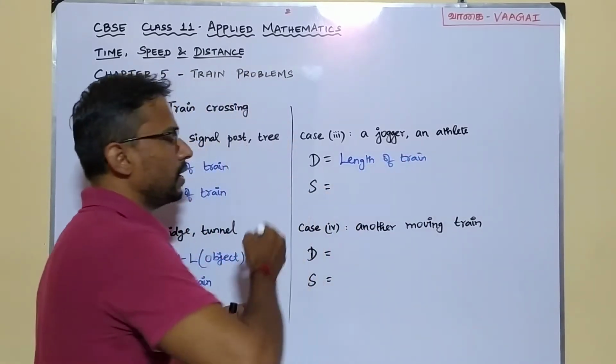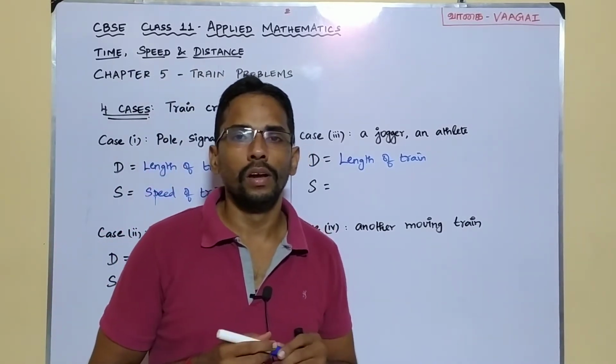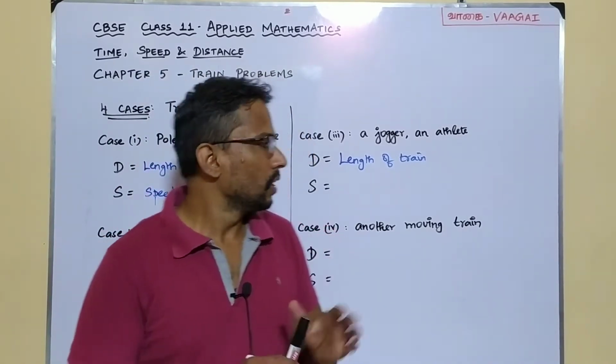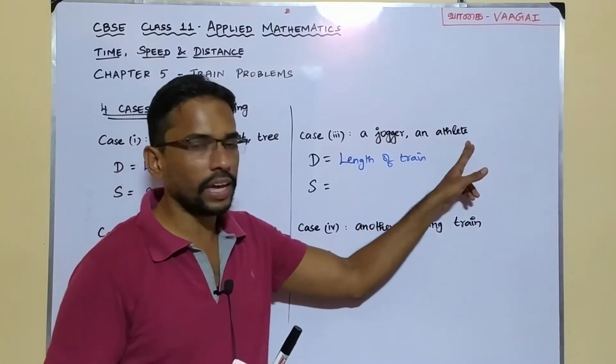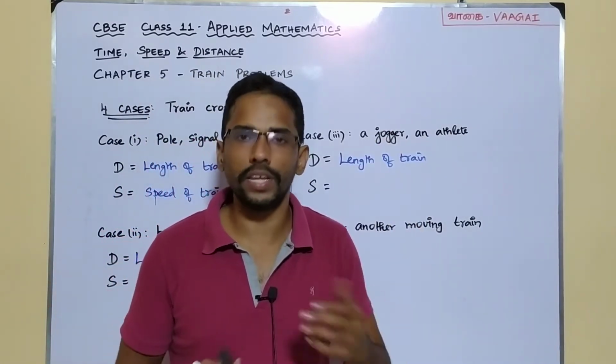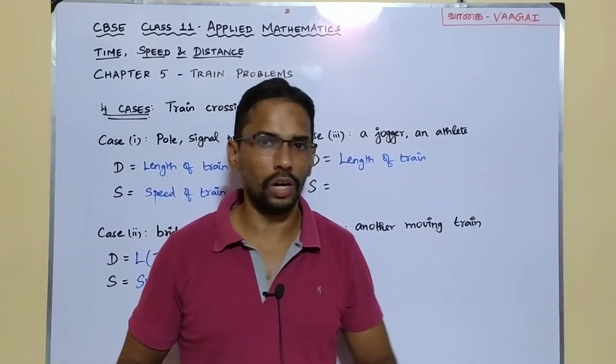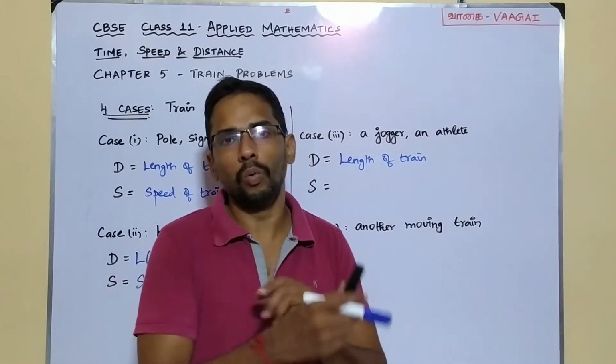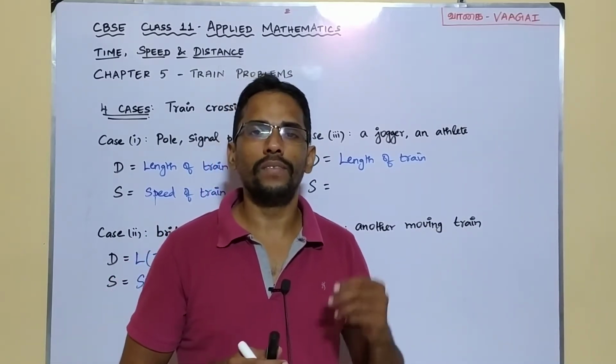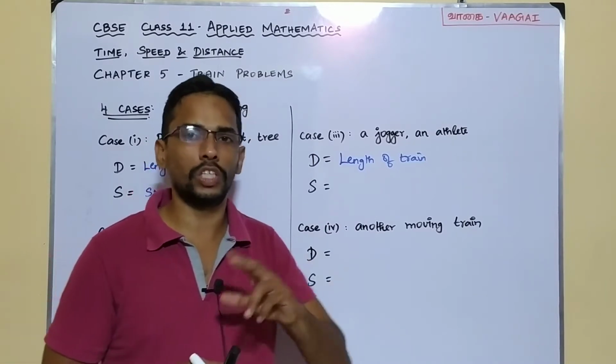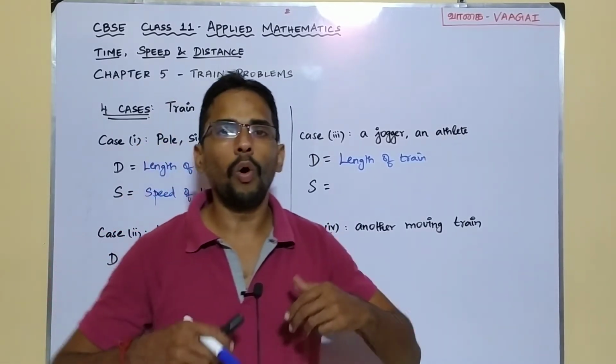And coming to speed, what about speed here? Here only we should be very careful, right? Here we have the objects, they are going to move. They are not stationary, they are going to move. A jogger or an athlete, they are going to move. So in this case, we have to consider both of their speeds. So when it comes to speed, what do we take?